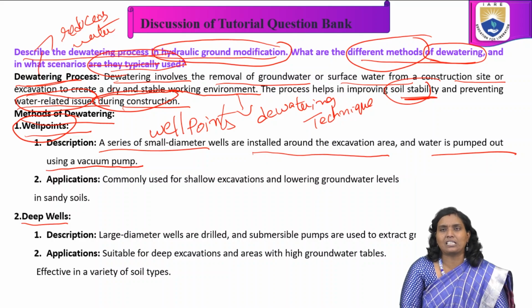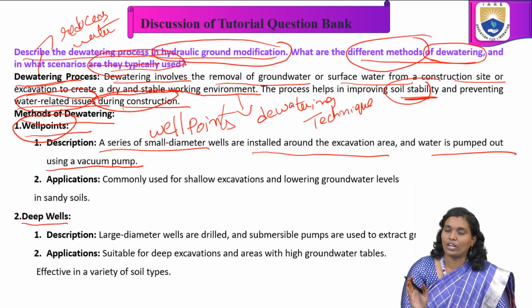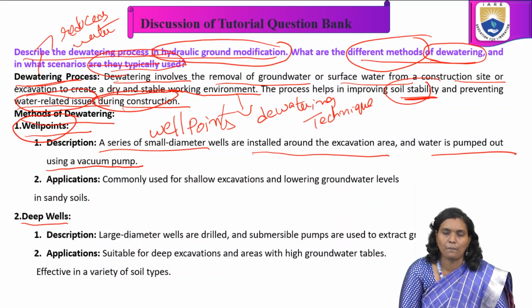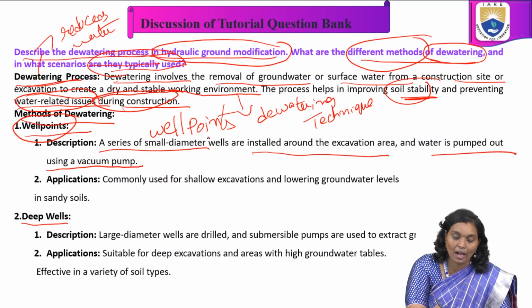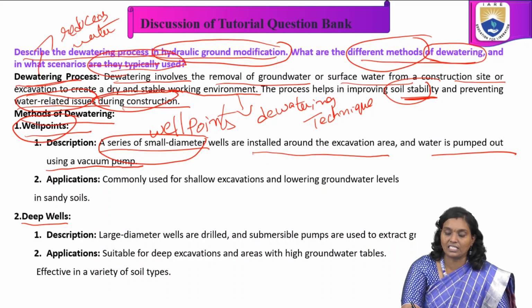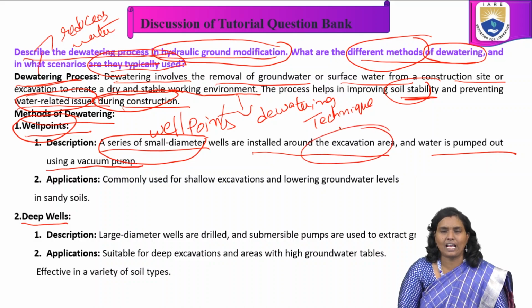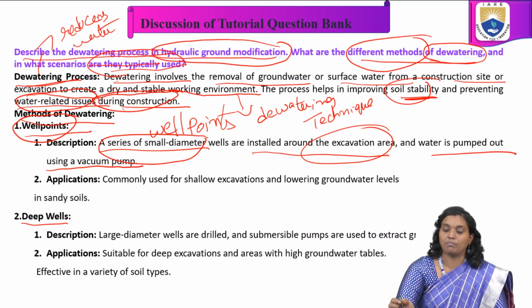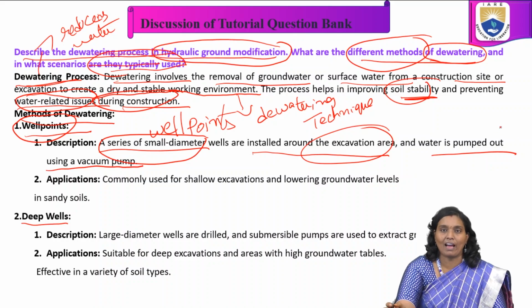At the time of excavation, whenever we are going to construct in that particular area, a series of small diameter wells are installed around the excavation area, and then we pump out the water using the vacuum pump.